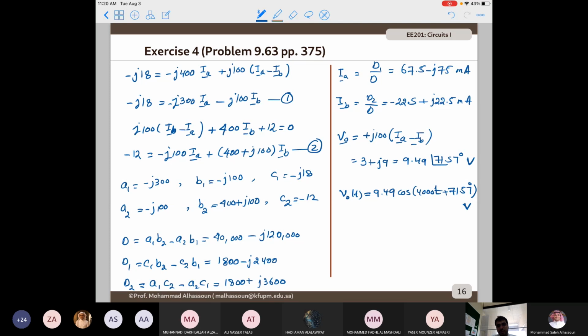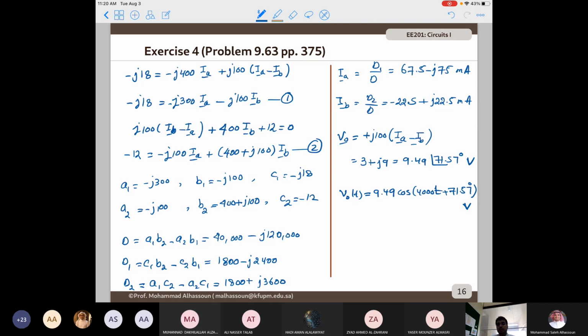The reason for that is you will see inshallah in E213 that you have complex power. So the power has a real part and an imaginary part. The real part is the dissipating power, and the imaginary part is the storing power. But the power calculation is actually left for chapter 10.